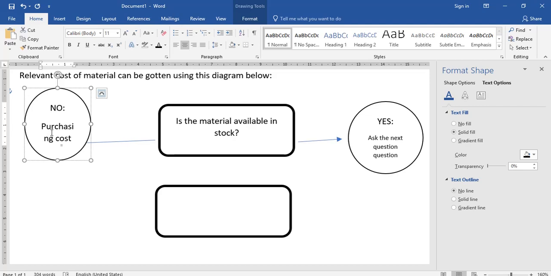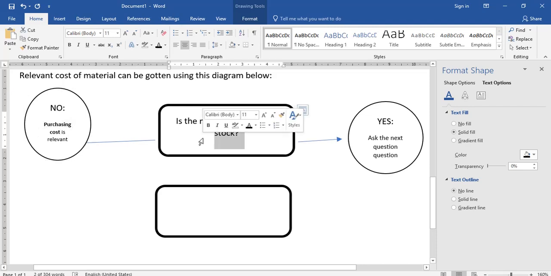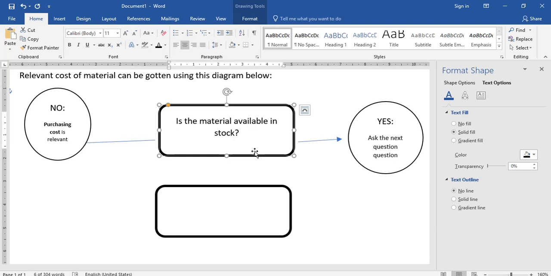Let me make it smaller, say 7. Purchasing cost is relevant. This is the relevant cost here because if there is no material in store, you will have to buy the material, so it becomes relevant. Purchasing cost at the current market price.